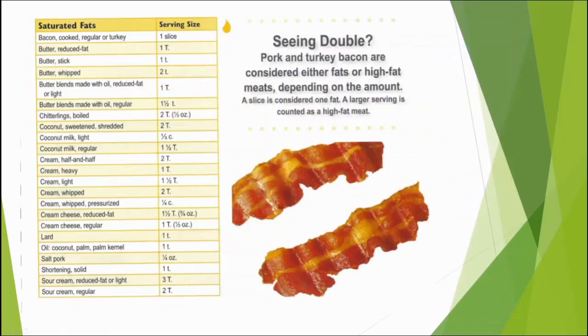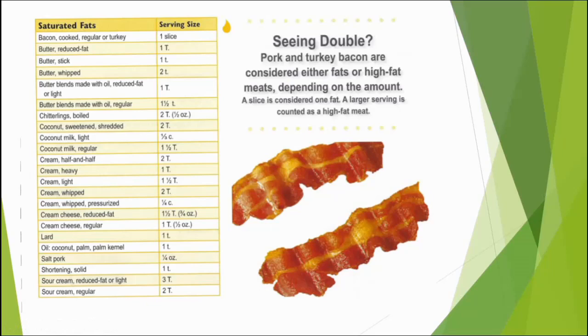Okay, let's look at saturated fats. So butter, cream, and sour cream, they also have different serving sizes based on the amount of fat that's in the product. Okay, let's look at bacon. 1 slice of bacon is 1 fat.